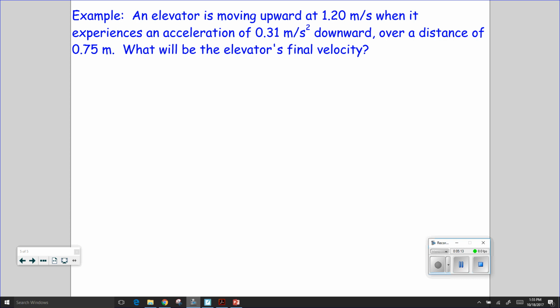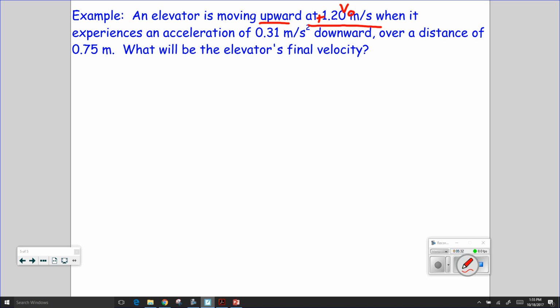So here's an example of where we will be using the fifth equation of motion. I've got an elevator moving upward at 1.20 meters per second. I'm going to call that an initial velocity. I also know it's upwards, so I'm going to call that positive.